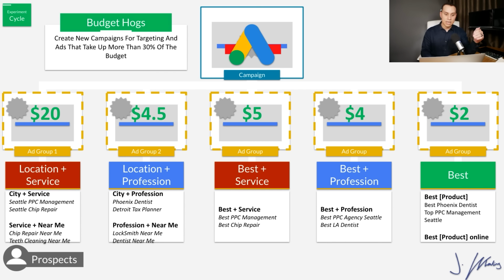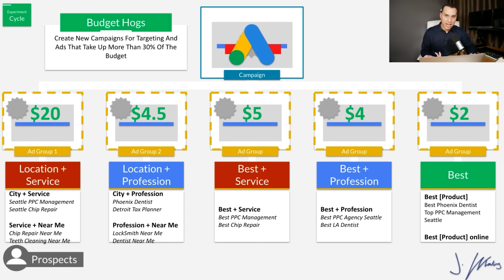Now, I want to go through this example because this is very, very common when you're first starting. So let's say we have 4 ad groups here and you were spending, let's say $20 a day. So it's a couple weeks later, and you go and look at the spend and you see ad group number 1 over the past 7 days, well, we'll say 7 days, spent $20. Then ad groups 2 through 5, they spent $5, $2, $4.50.